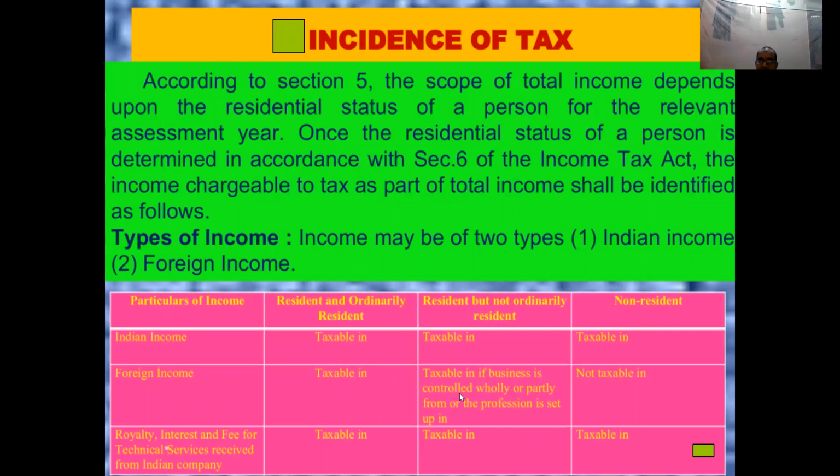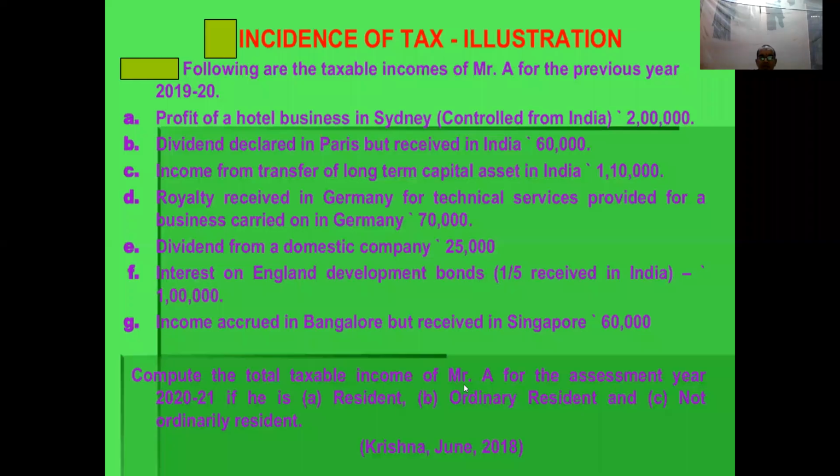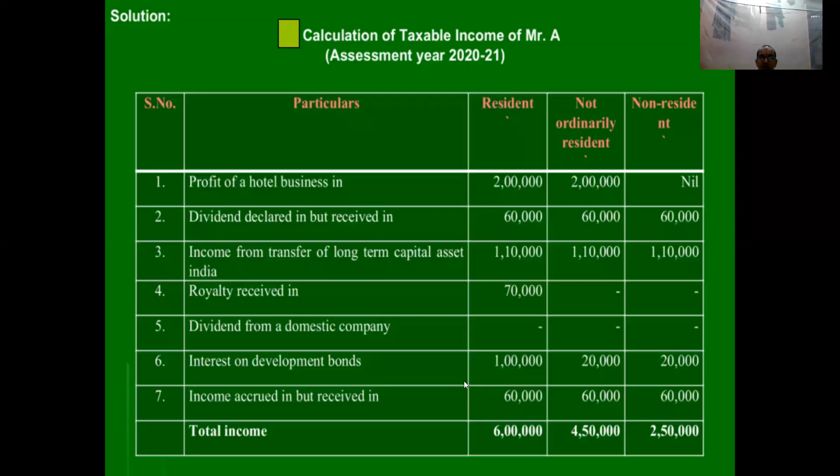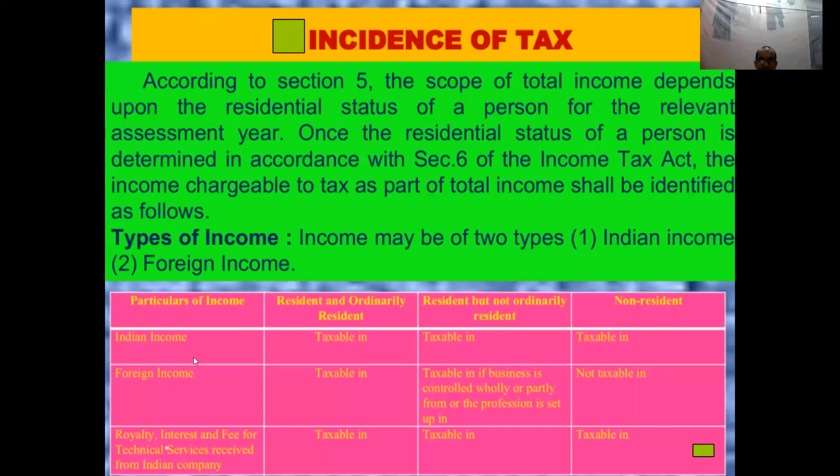But for non-residents, it is not taxable. You can see this table. If the business is controlled from India, a resident but not ordinary resident has to pay tax, but a non-resident need not pay tax, not taxable in case of a non-resident.